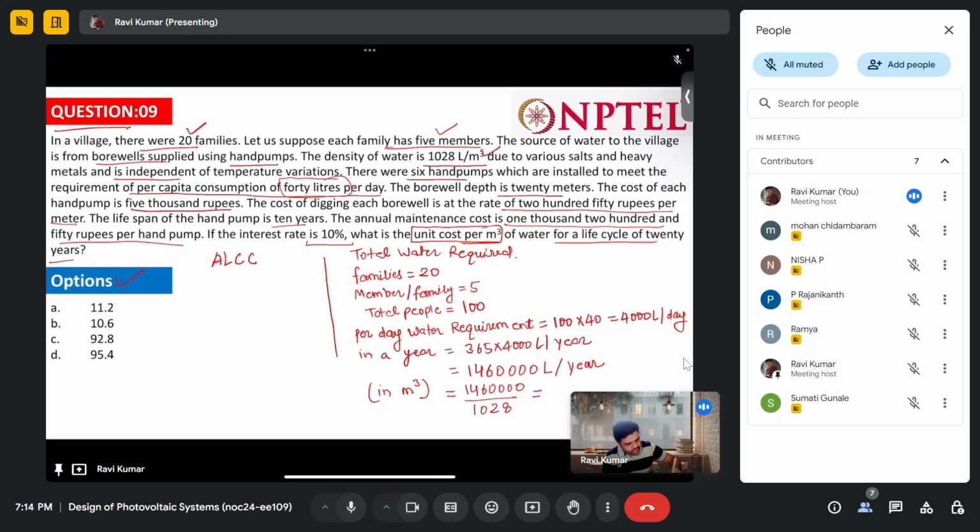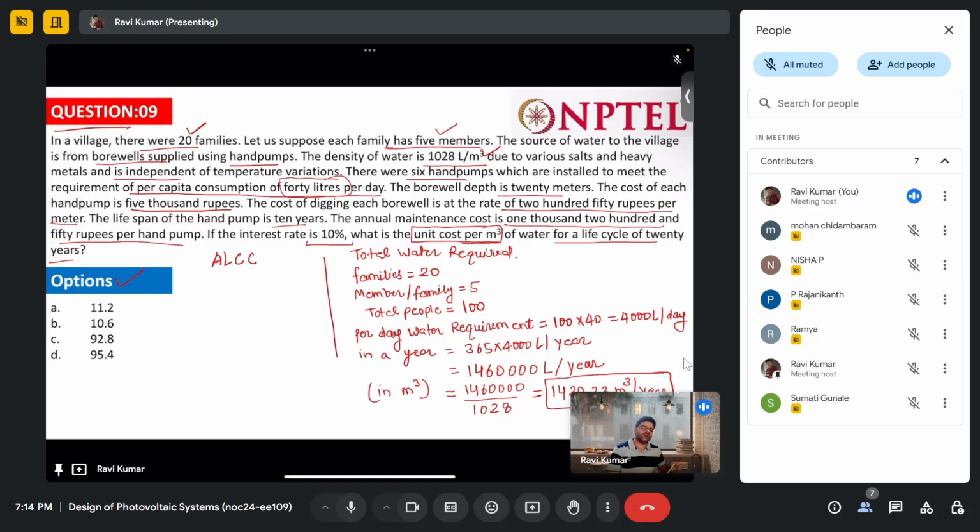So you will get 1420.23 meter cube per year. So this is the water requirement per year.